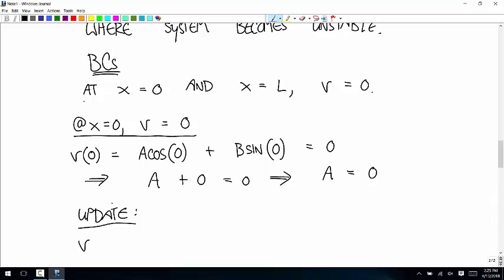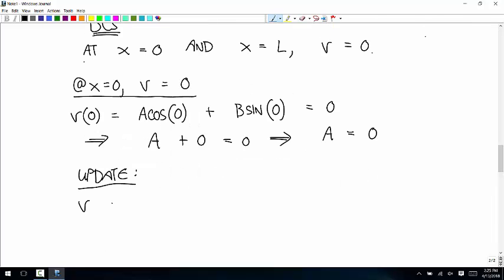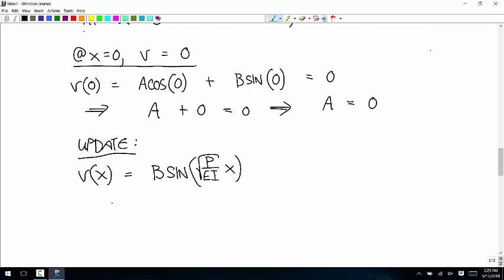Now we know that for this pin-pin case, the deflection as a function of x is just equal to b times the sine of the quantity square root of P over EI times x. Now we'll use our second boundary condition, and that says when x is equal to L, the deflection has to be equal to 0.